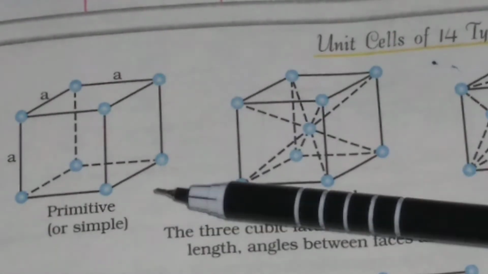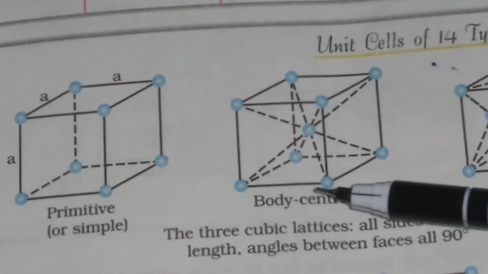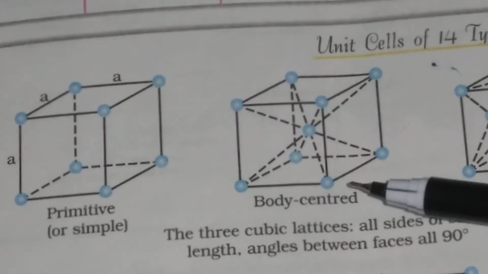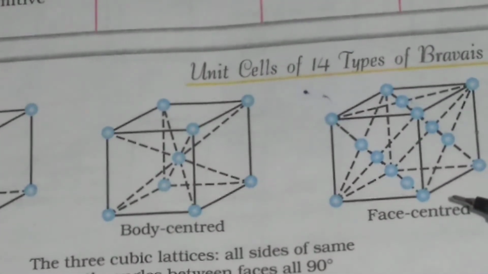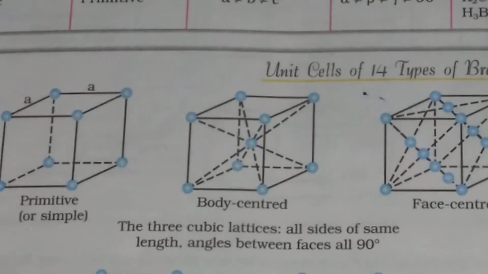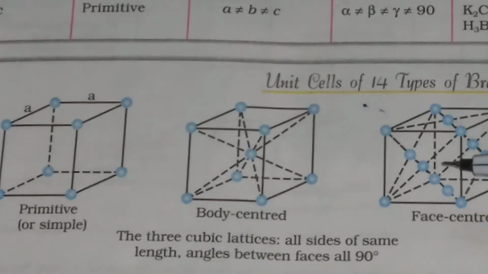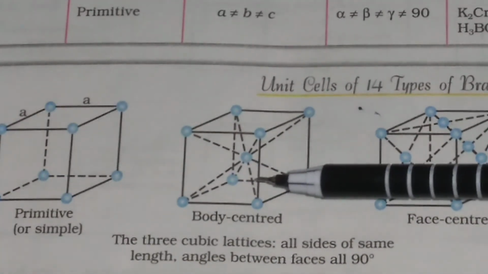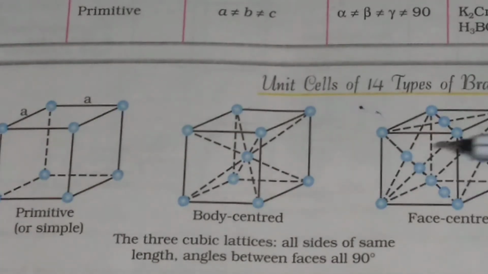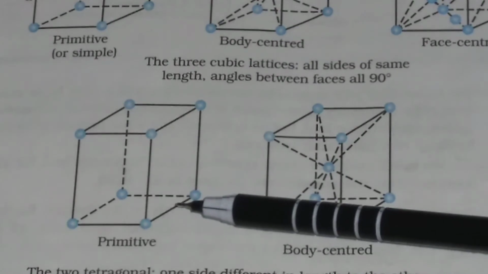You see, this is your primitive simple cubic, and this is non-primitive, the body centered cubic, and this is your face centered cubic. In simple cubic, body centered cubic or face centered cubic, a = b = c and alpha = beta = gamma = 90 degrees. This is your primitive tetragonal.